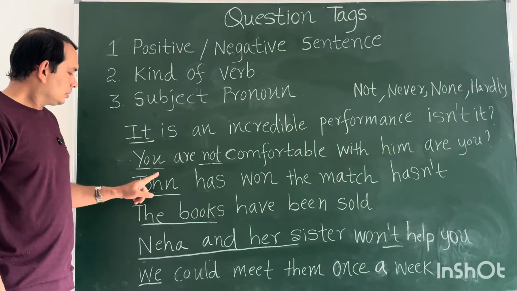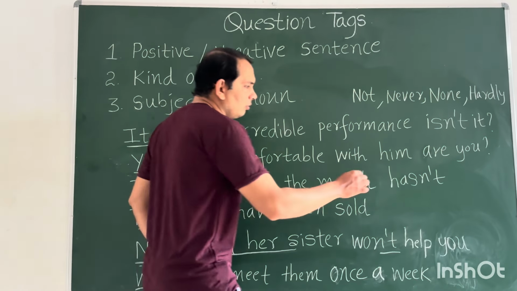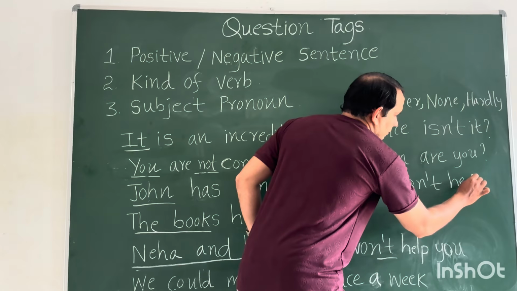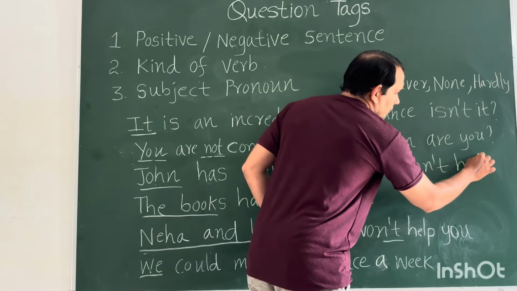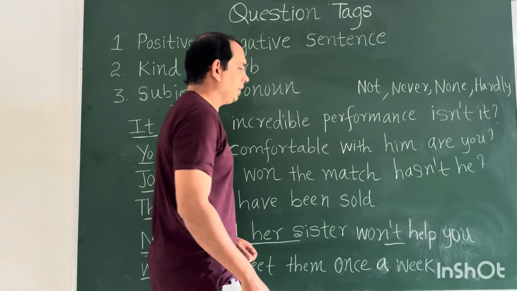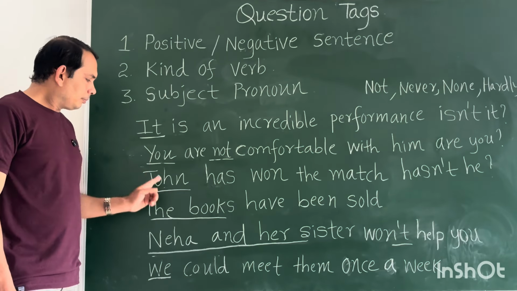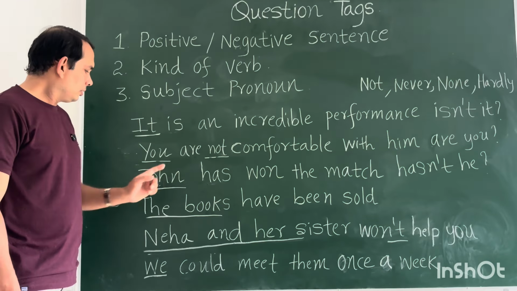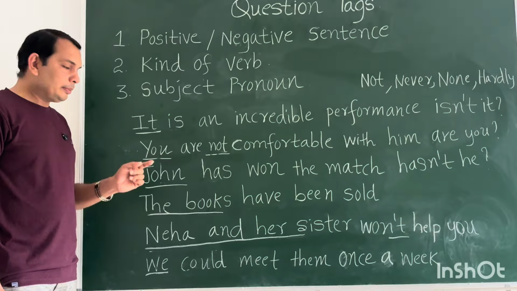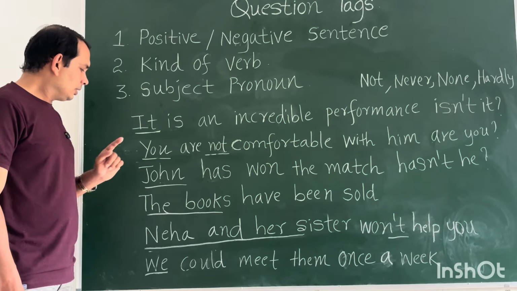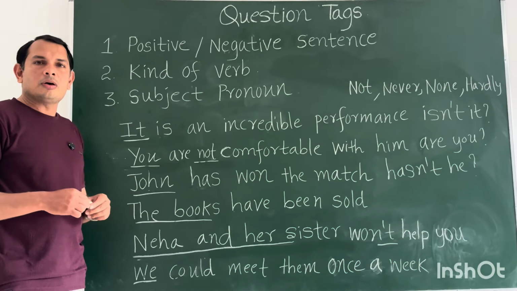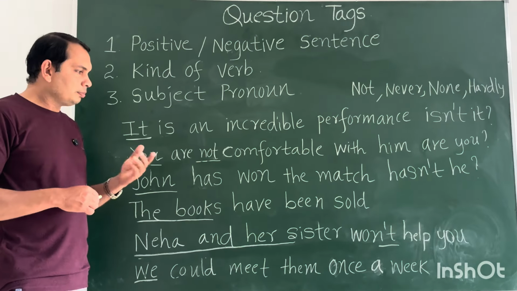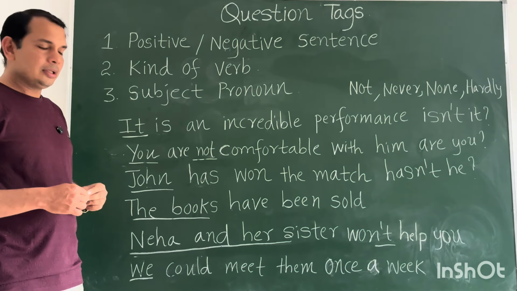For a male singular person, we use the pronoun he. So the answer is hasn't he. Please note, for a male single person, we use the pronoun he. For a single female person, we use the pronoun she. For things or for a group of people, for plural words, we use the pronoun they.